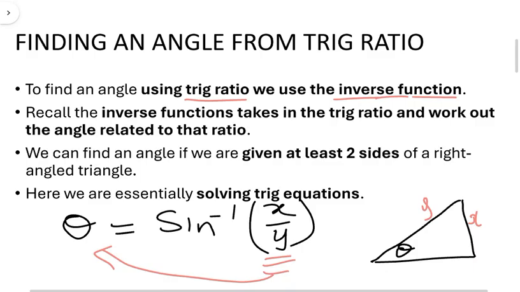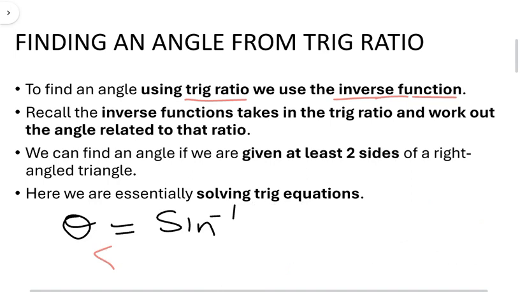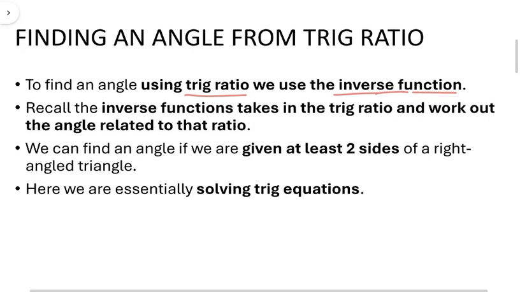This is important for us to know because you will see me writing sine inverse, and you need to understand why I'm writing sine inverse or cos inverse. Okay, let's move.